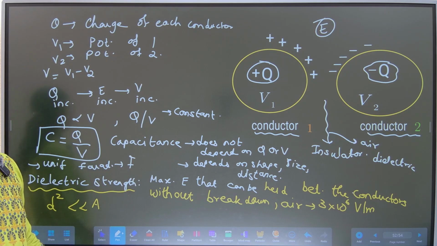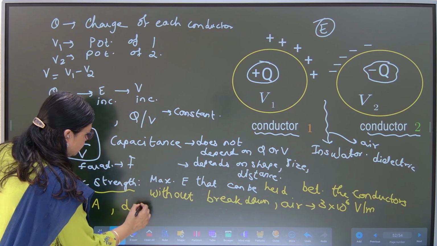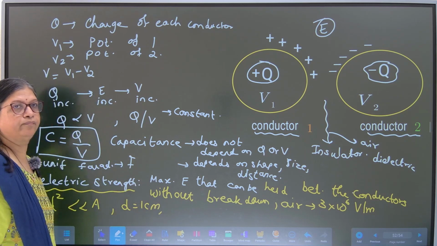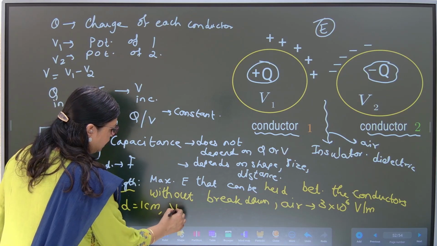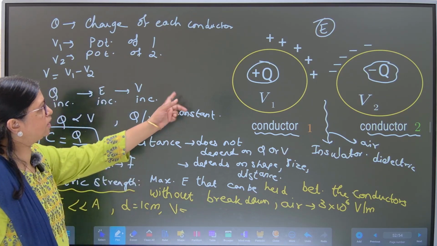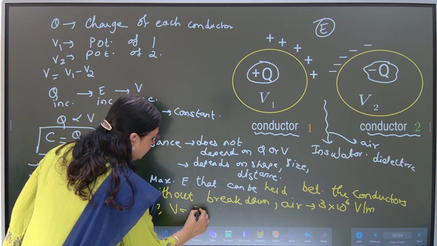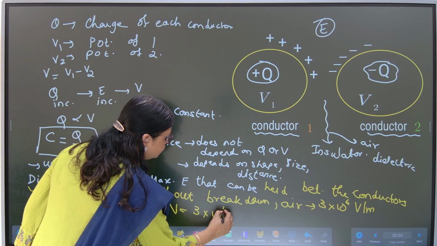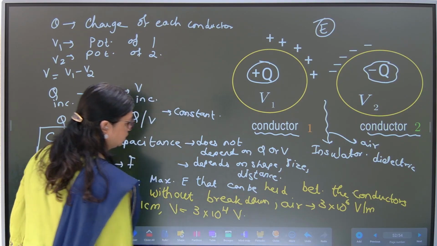For distance d equal to 1 centimeter, the potential difference between the two conductors that can be held is 3 into 10 raised to 4 volts. These are all 1 markers.